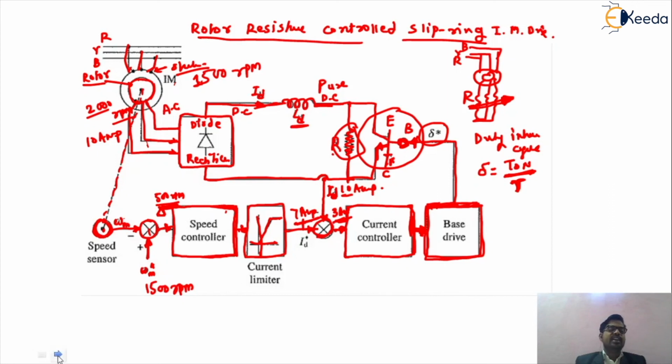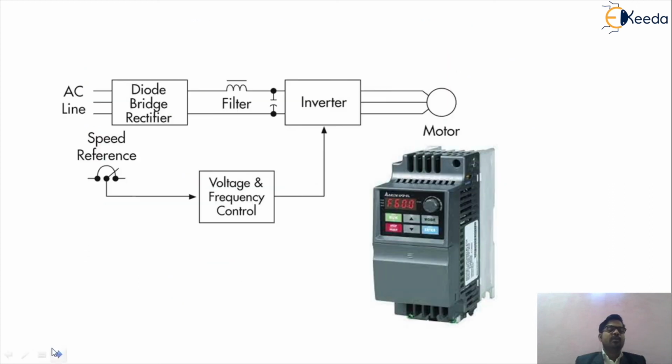Now we can understand and discuss a very popular method in spite of that particular rotor resistance control, because this rotor resistance speed control strategy has various disadvantages. That's why for the controlling of both squirrel cage as well as slip ring induction motor, we are using one drive called the VFD, that is variable frequency drive.